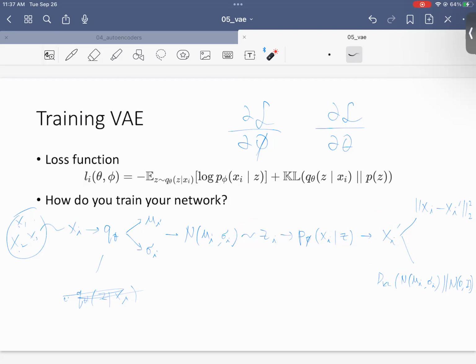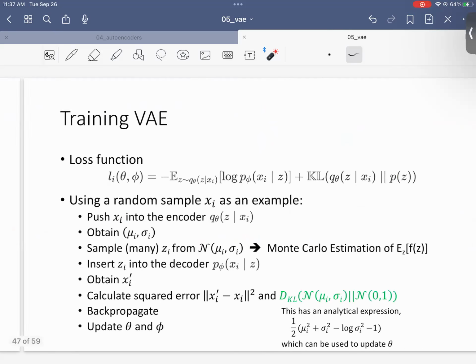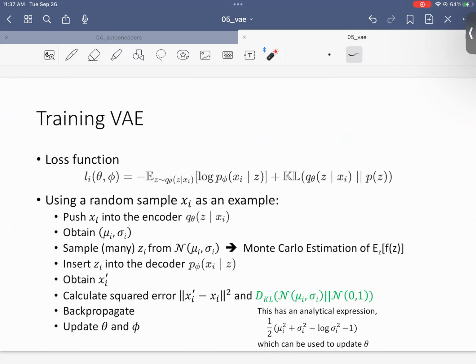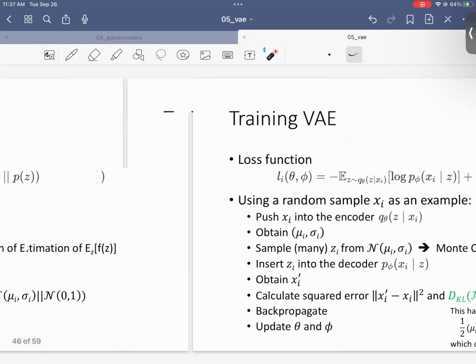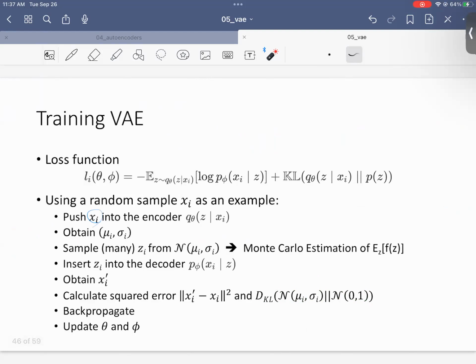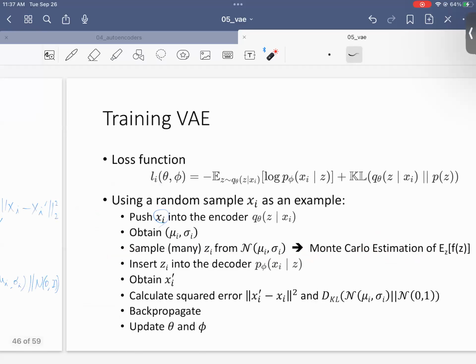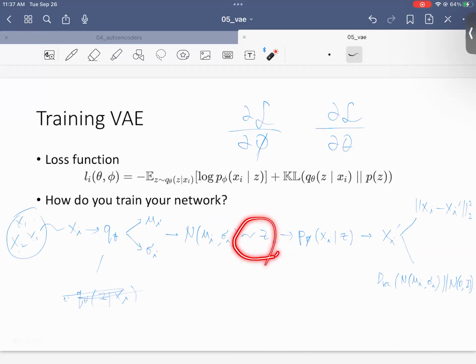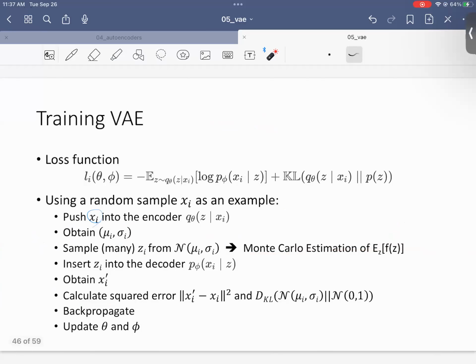Right, so that was the good answer. Before we move on to how we can bypass that limitation, there are certain things we need to check. Sampling from your Gaussian distribution that has mu and sigma as parameters is like a Monte Carlo estimation. You can sample many Z's, like 100, but typically we sample one Z and go with it.